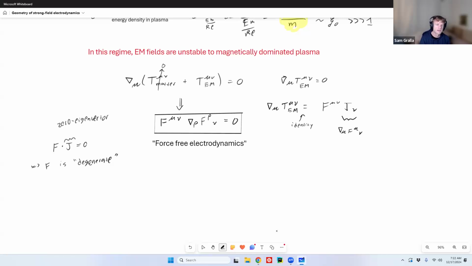It has a 0 eigenvector. In fact, it has 2 0 eigenvectors because it's an anti-symmetric tensor. So there's 2 vectors, let's say such that F dot v equals 0, so 2 vectors in the kernel of F. So we have a subspace of vectors that annihilate F.